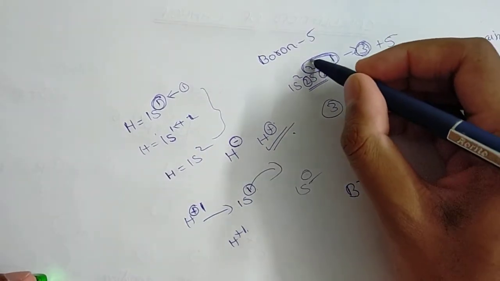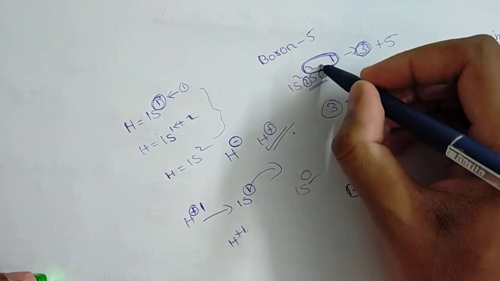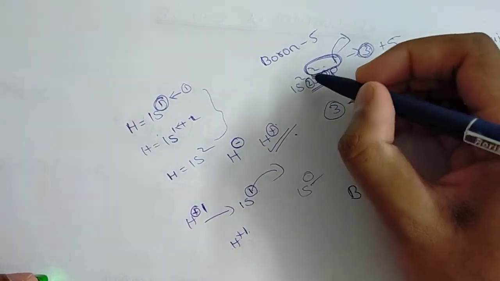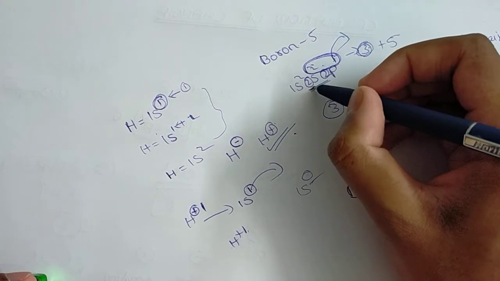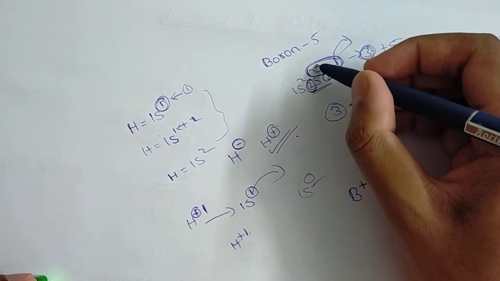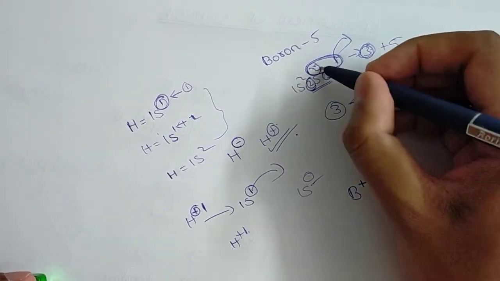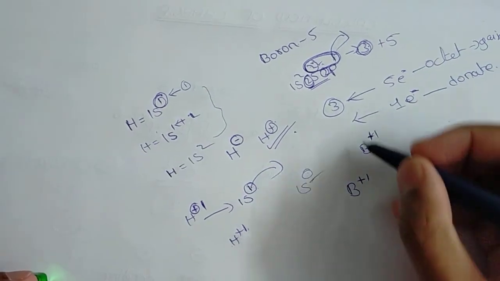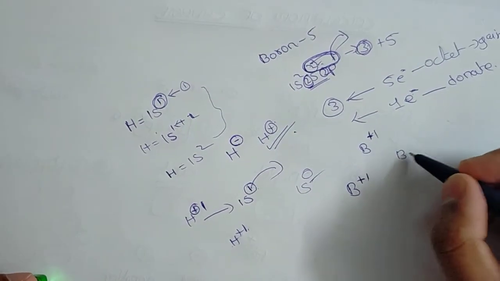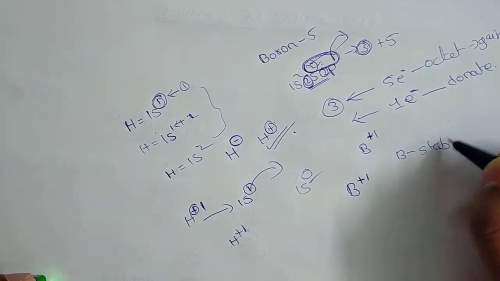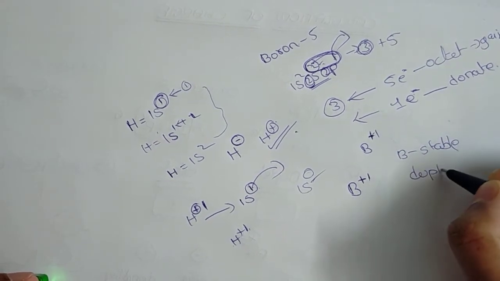Now the total number of valence electrons present here is 3. If it donates 1 electron, the last shell becomes the second shell. The total number of electrons present in the second shell is 2. Now boron is stable with duplet configuration.